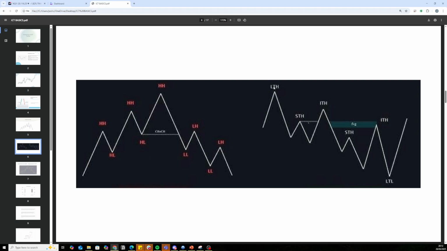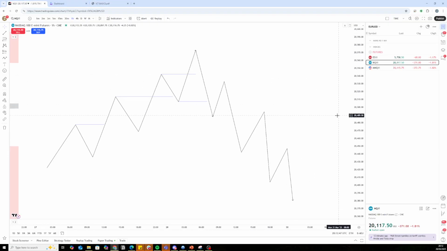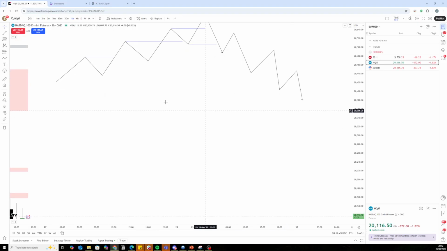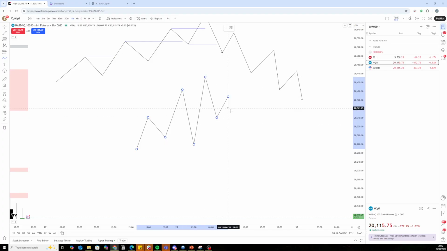So it comes up, comes down, makes this higher high, comes down, actually takes that out, and then continues down. And you can see like this, okay? This is the reality of how the market moves. This is how the market actually moves, as we all sort of would know.